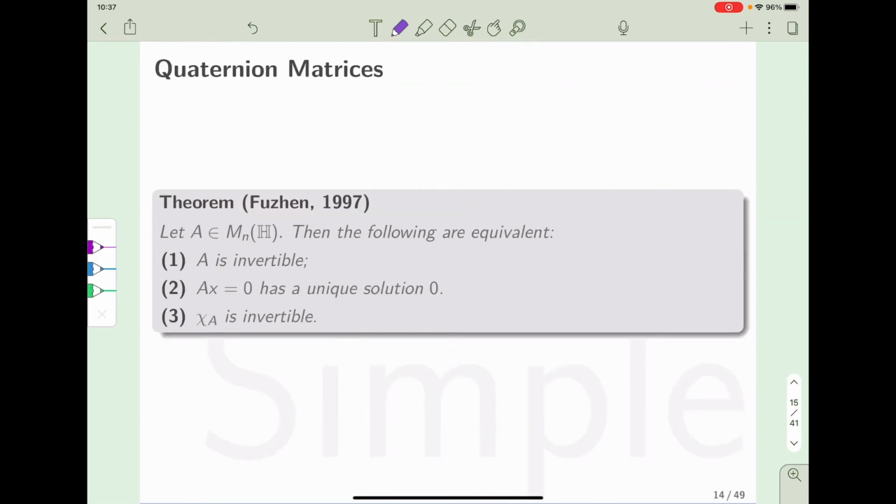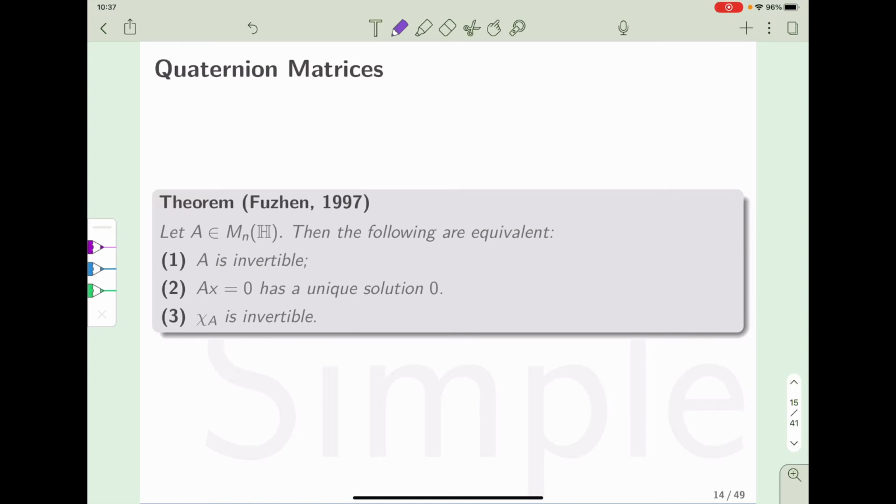Now, we have the following theorem which gives some equivalent statements for the invertible quaternion matrices. A quaternion matrix A is invertible if and only if AX equal to 0 has a unique solution if and only if chi of A is invertible.